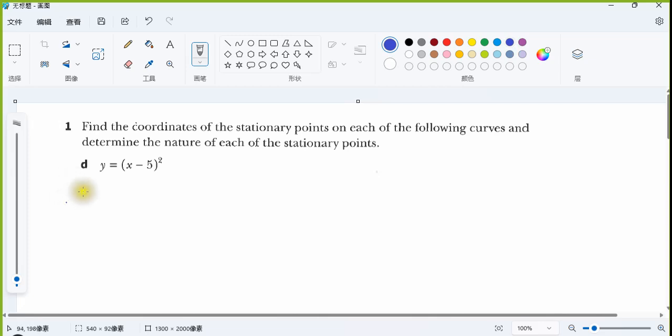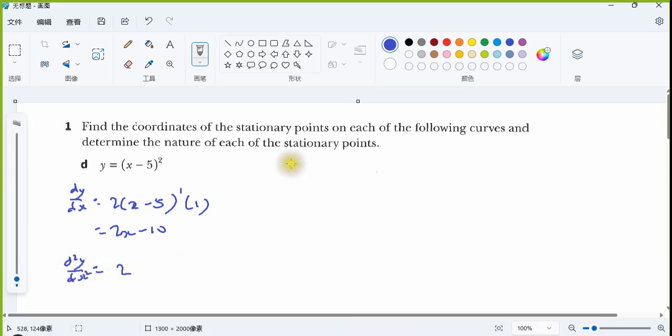So question number 1D. The dy/dx is 2x minus 10. So the second derivative will be 2.